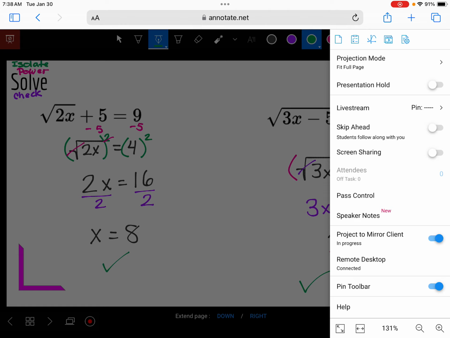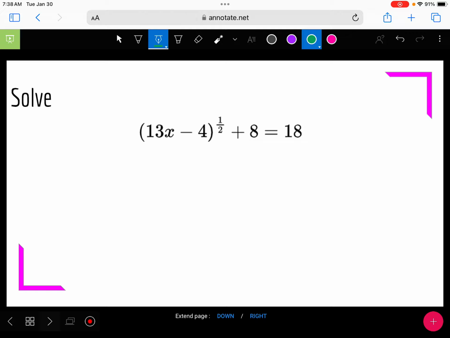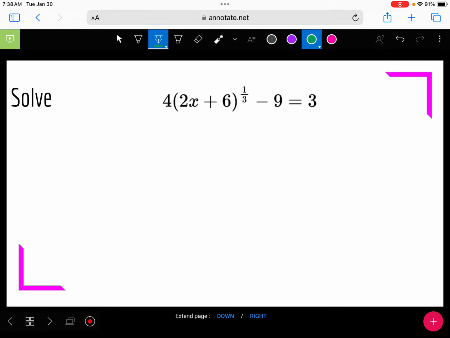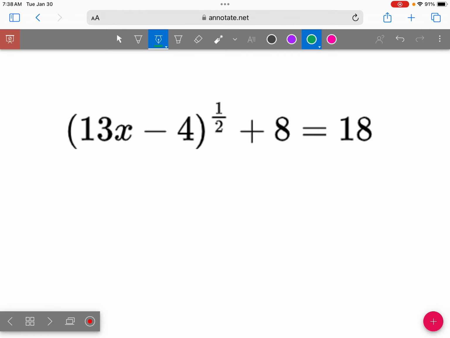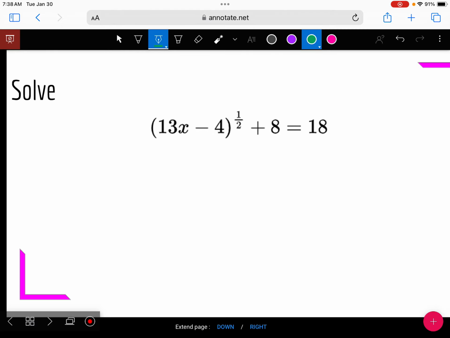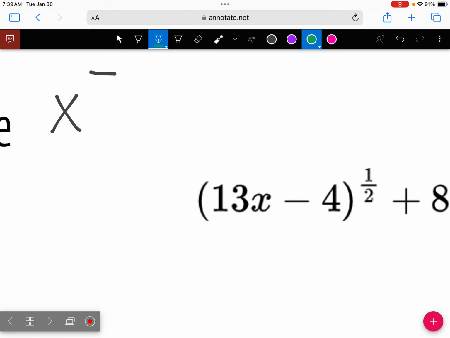Okay, we only have two more left. Because there's a couple of different ways we notate things, and I want to make sure that we've seen them. Because we've used these fraction exponents. Remember when we're looking at our fraction exponents, that's the same thing as our power over our index.